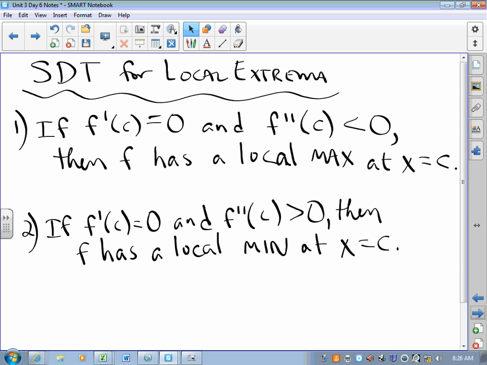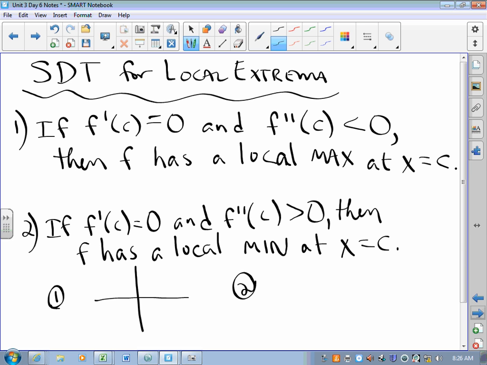This is one of those things that almost makes sense if you think about it. I will illustrate. What does it mean to say that f prime is 0? Well, it means we've got a flat tangent line. What does it mean to say f double prime is negative?